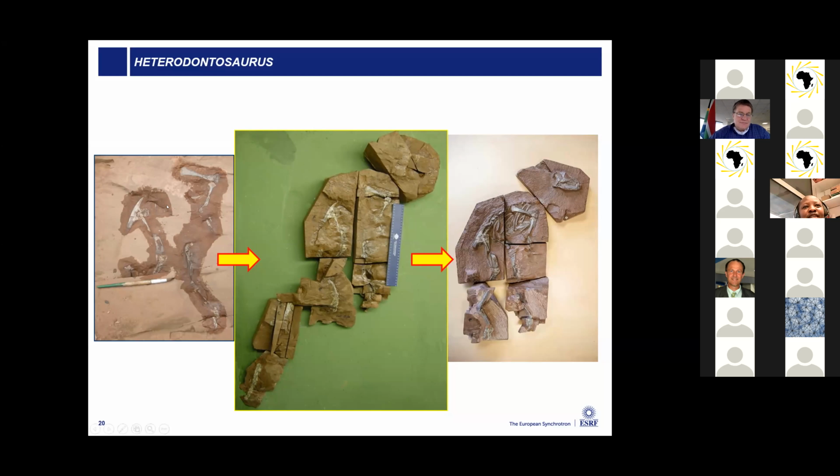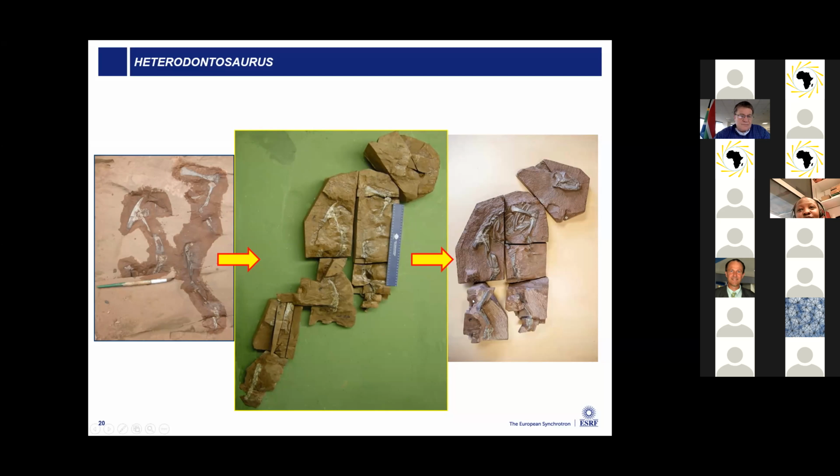So this is where the specimen was found in the field in a slab of rock, and it had to be cut out of the slab, so you get these pieces. After it was extracted from the rock and then prepared, using mechanical preparation, it is actually beautifully prepared.